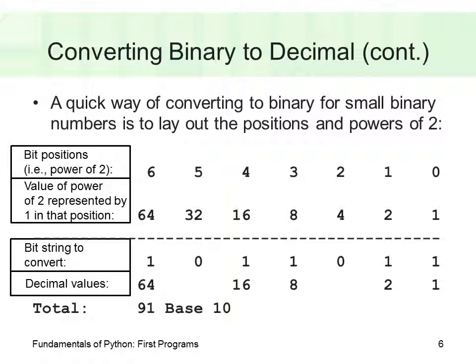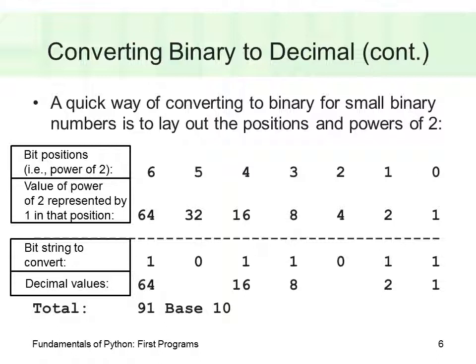So now I'd go and see what's the highest power left that can be represented by 11. And of course I have 8. There's an 8 in 11, so I put down a 1 that represents that 8. And that leaves 3 left over.